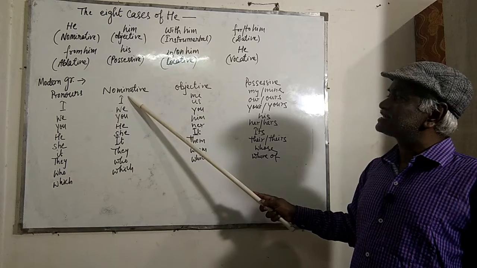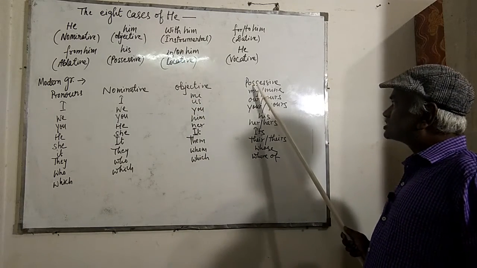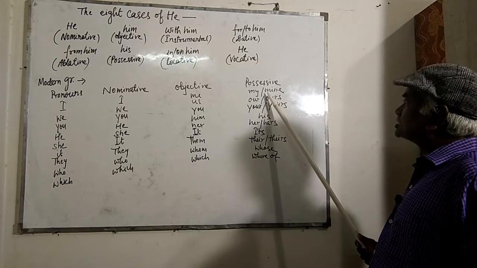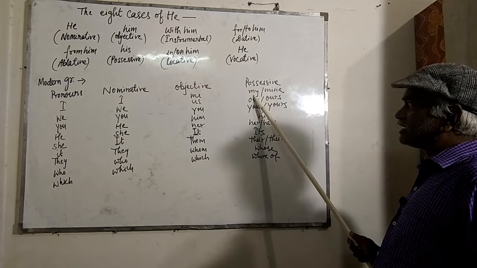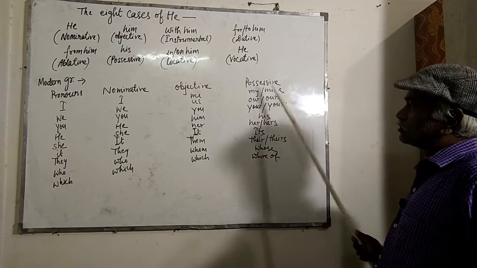Its nominative case is I, objective case becomes me, and possessive adjective is my, whereas possessive pronoun is mine. My is possessive adjective and mine is possessive pronoun.